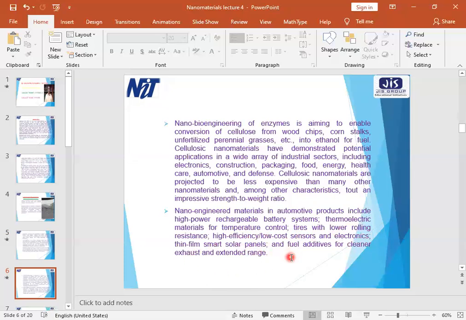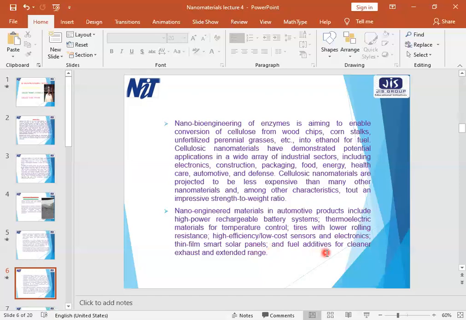panels. Solar panels, what we know is that in the solar panel, solar cells are arranged in series as well as parallel combination. And because of this, the efficiency of the solar cell is estimated at a maximum of 20%.